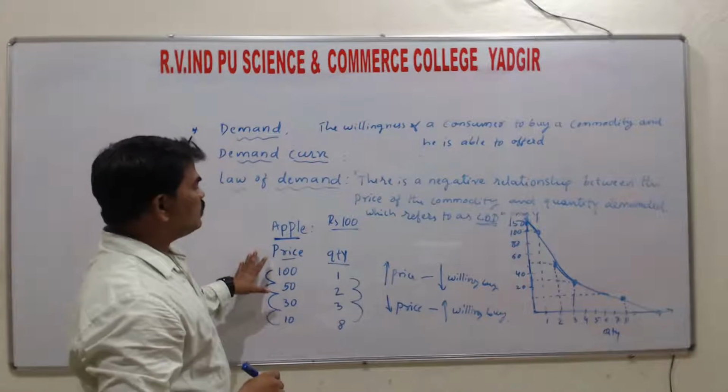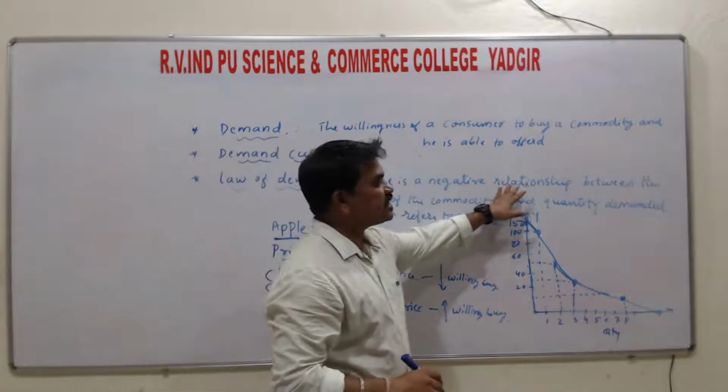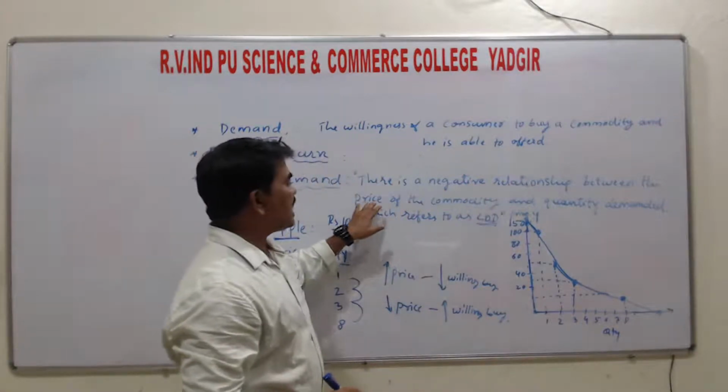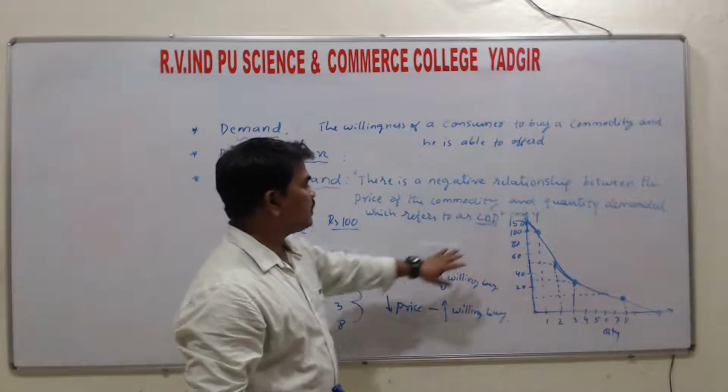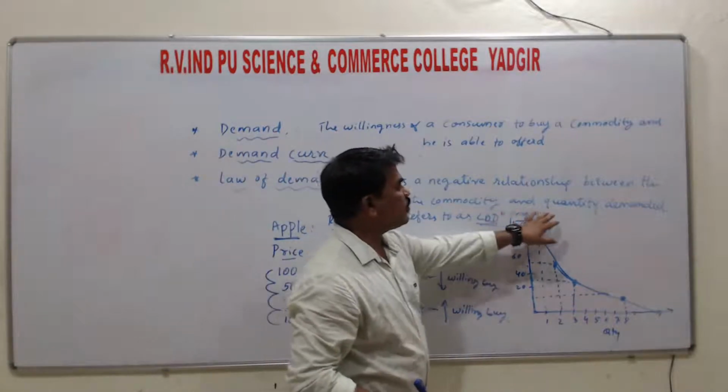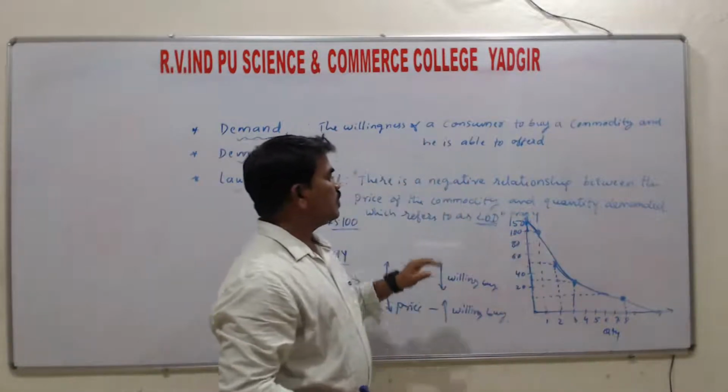So, as we know, there is a negative relationship between the price of the commodity and the quantity demanded. What do we mean by that?